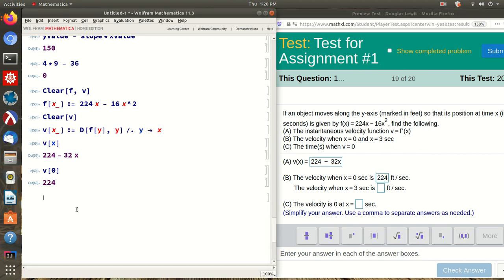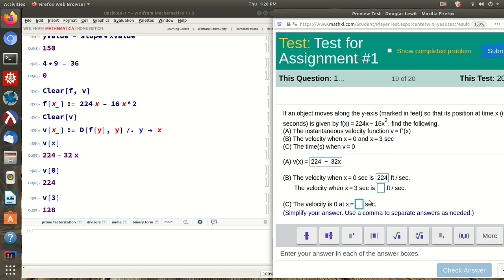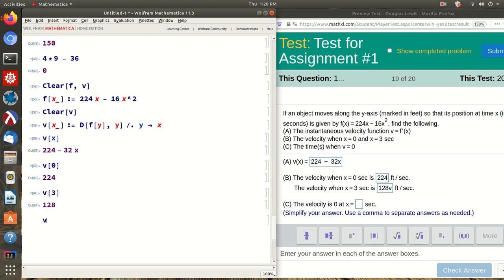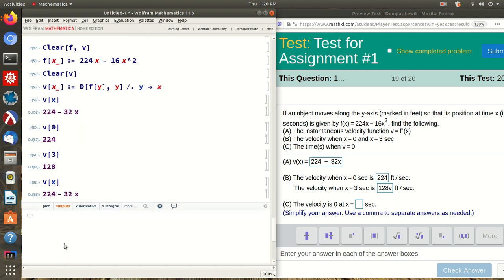And what happens when we have v of 3? 128. The velocity is 0 at x is equal to. So when is this function going to be equal to 0?